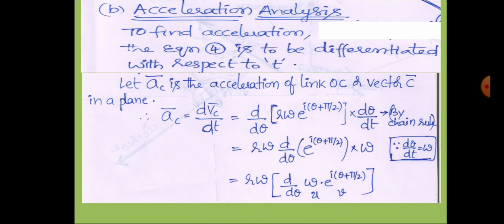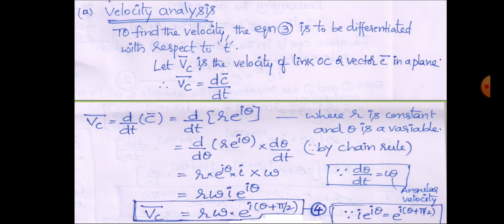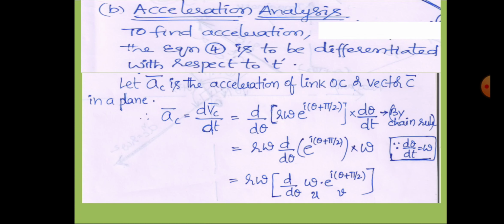So to find the acceleration, what I need to do now, go back to equation number 4. What is the equation number 4? It is the velocity. So if I differentiate the velocity with respect to time, I will get the acceleration. So to find the acceleration, the equation 4 is to be differentiated with respect to time.